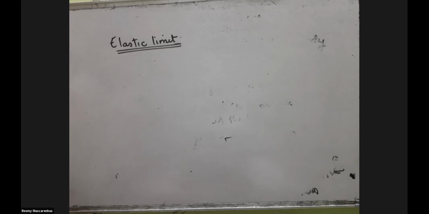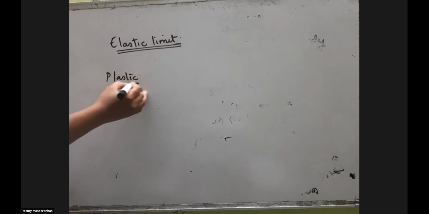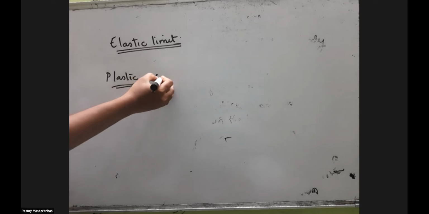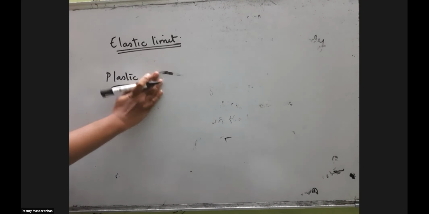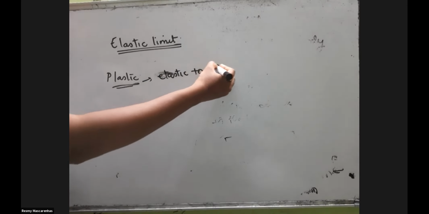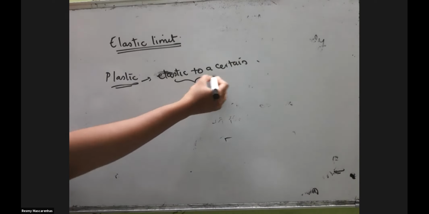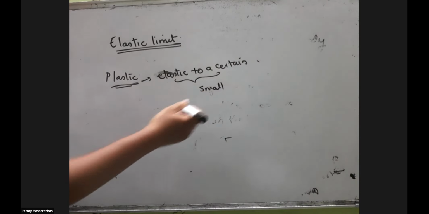In the same way, consider your ruler. Certain plastic has some elasticity up to a certain point, and beyond that it will break, but it might be a small limit. Consider your ruler only.